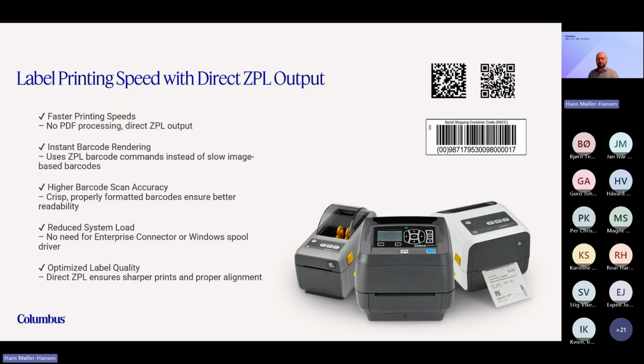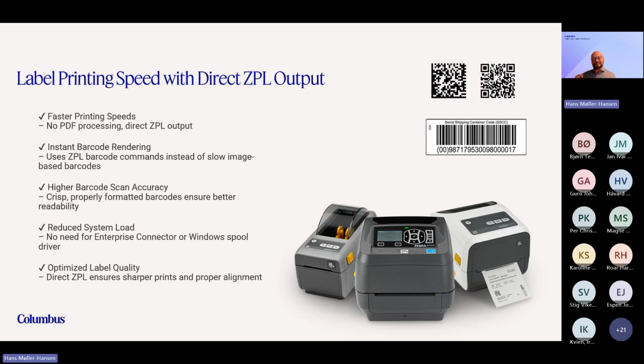The Interform way of doing this is to actually talk with the printer directly and in the printer's own language. It's called CPL when we talk about Zebra printers. And what difference does this make? Well, first of all, it's a much smaller amount of data that we're sending. So it's much faster.